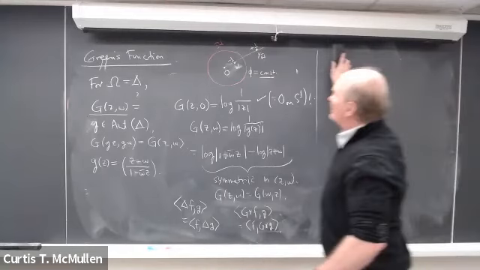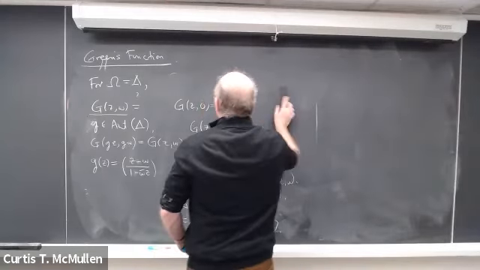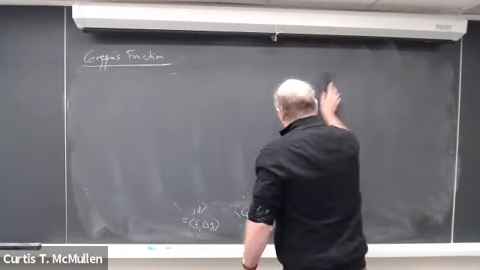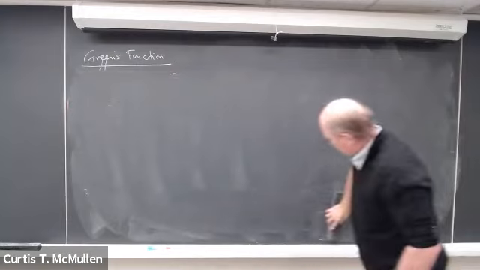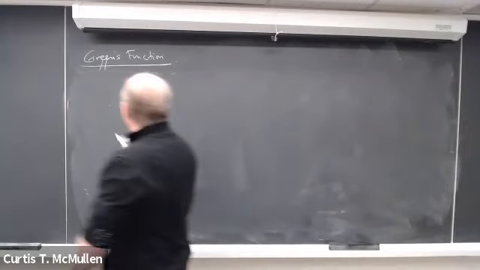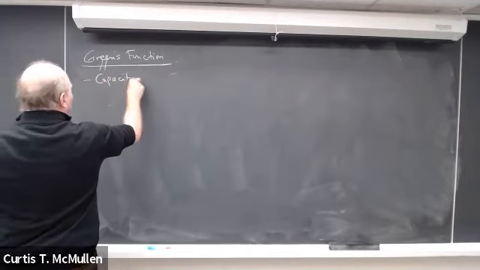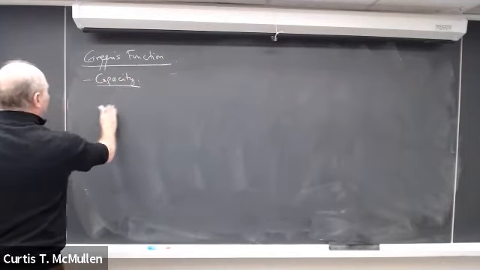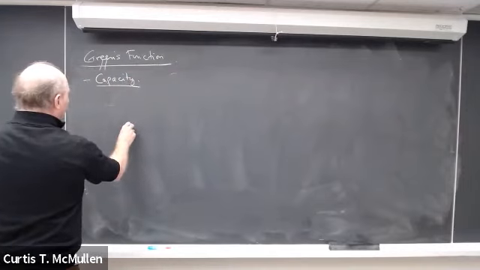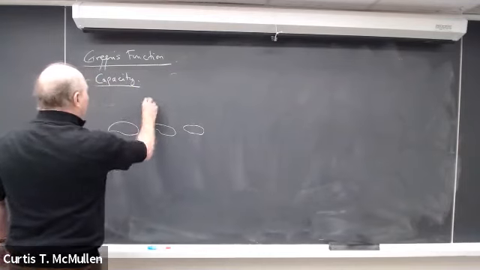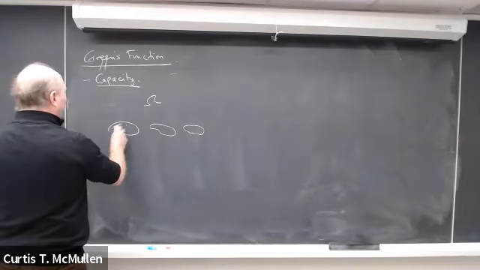So now towards the definition of capacity. So we place ourselves in the previous situation, but this time I want to take omega to be the outside of a compact set.